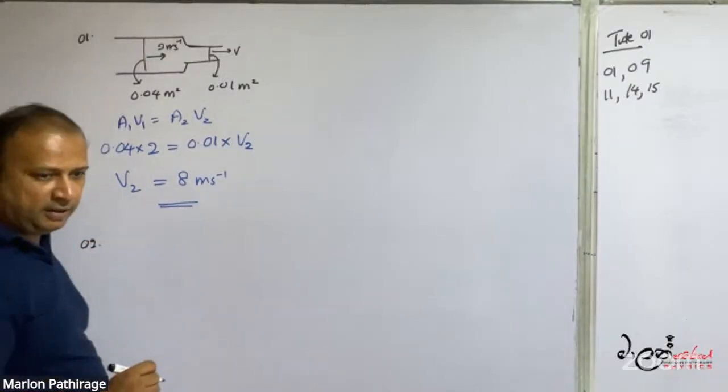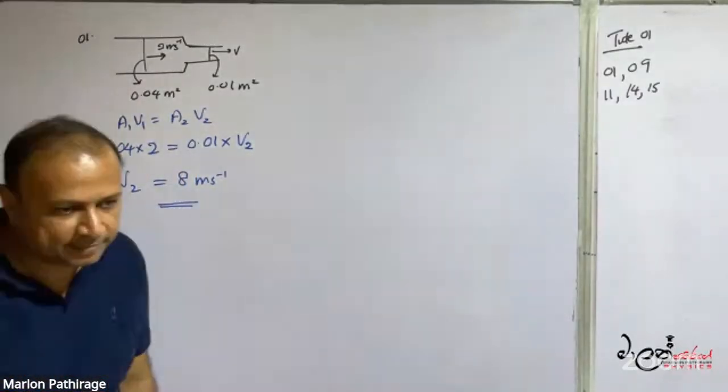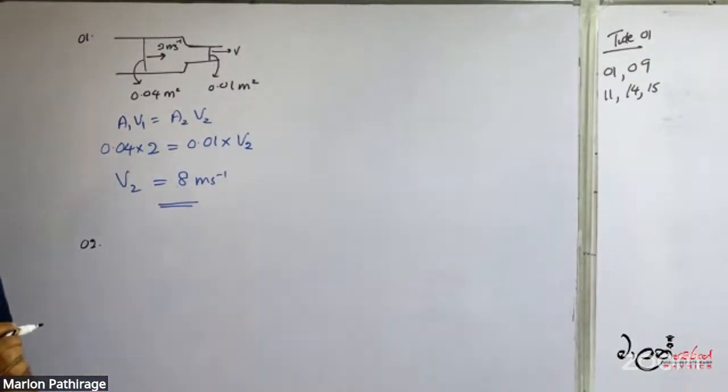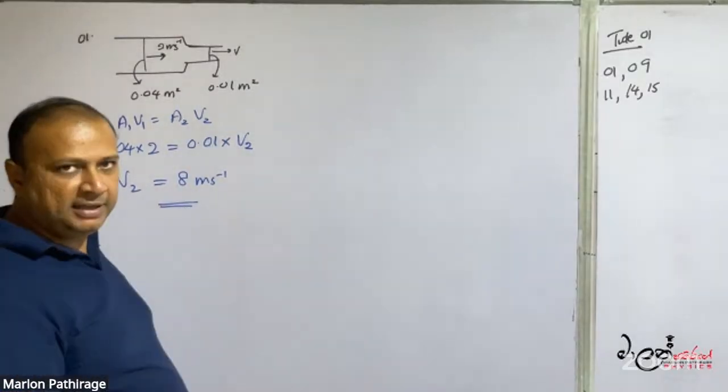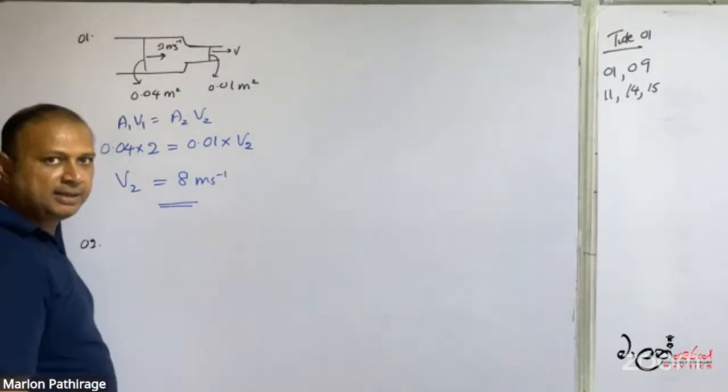Now there's a river. The width of this river is 12 meters at a certain point, and the depth is 2 meters.